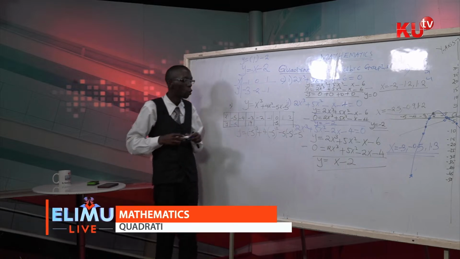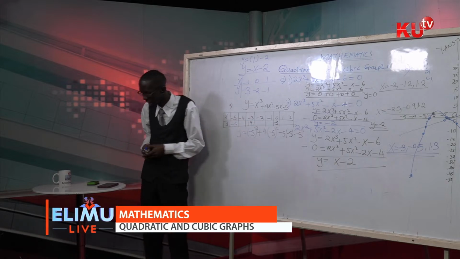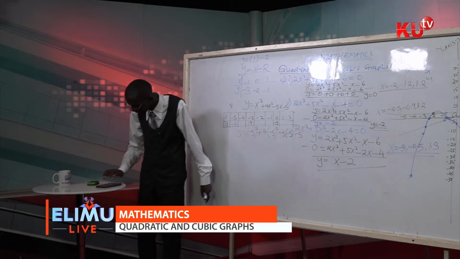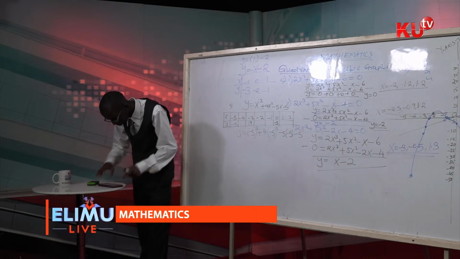My value is -5, so you'll come and write it as -5. So you don't have to draw the other table that we had if the question does not give that table.